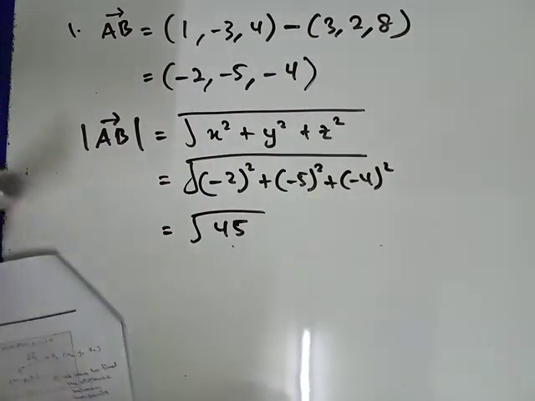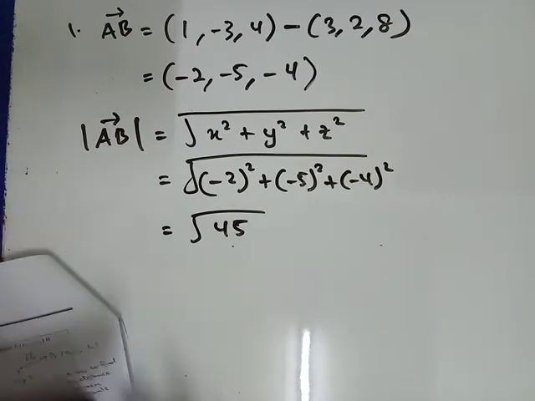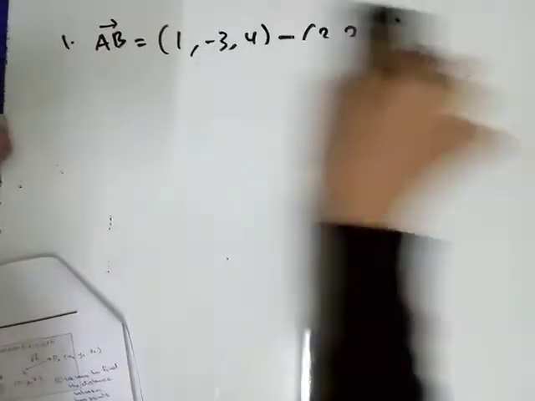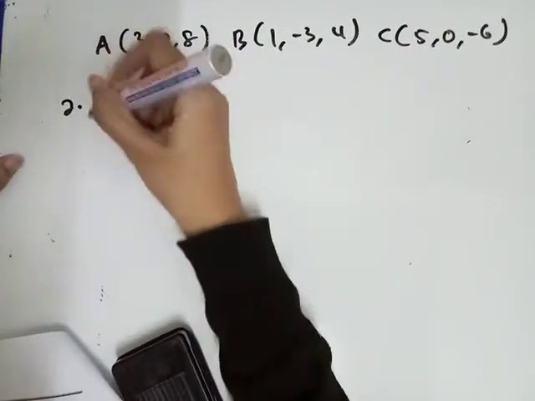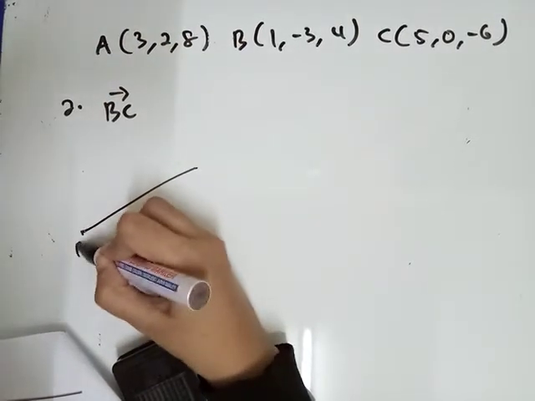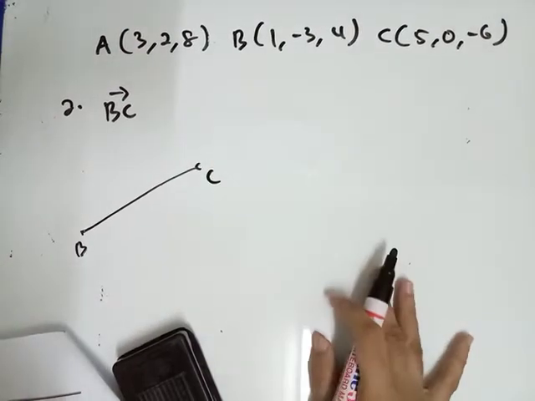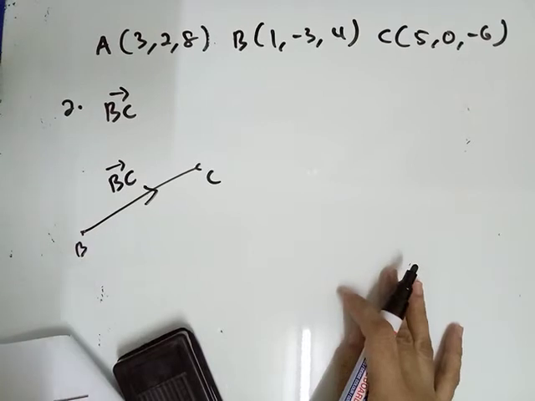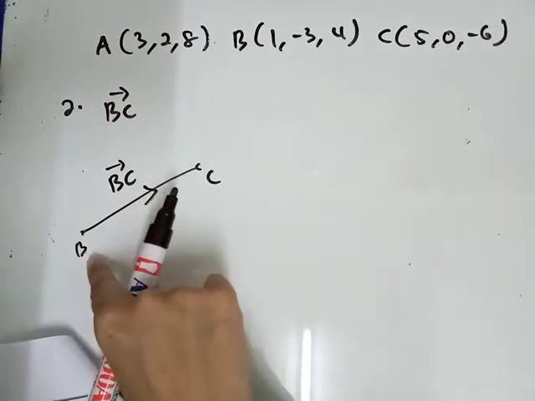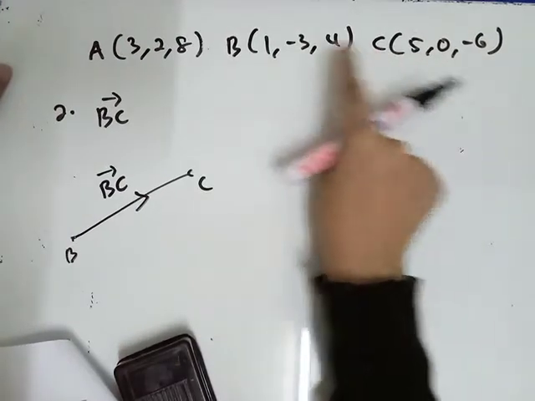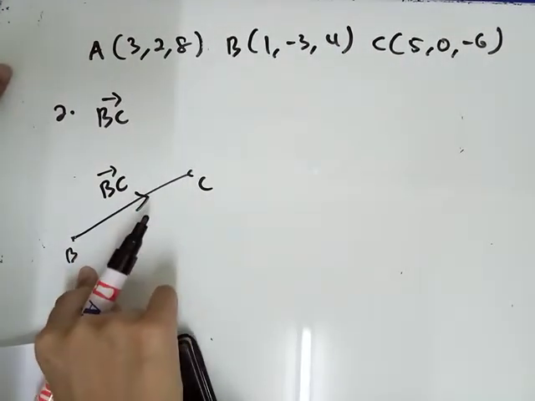For number 2, it asks for vector BC. BC means from point B to point C. We have to find the distance between B and C. To find the distance, point C minus point B. Then we get the distance.